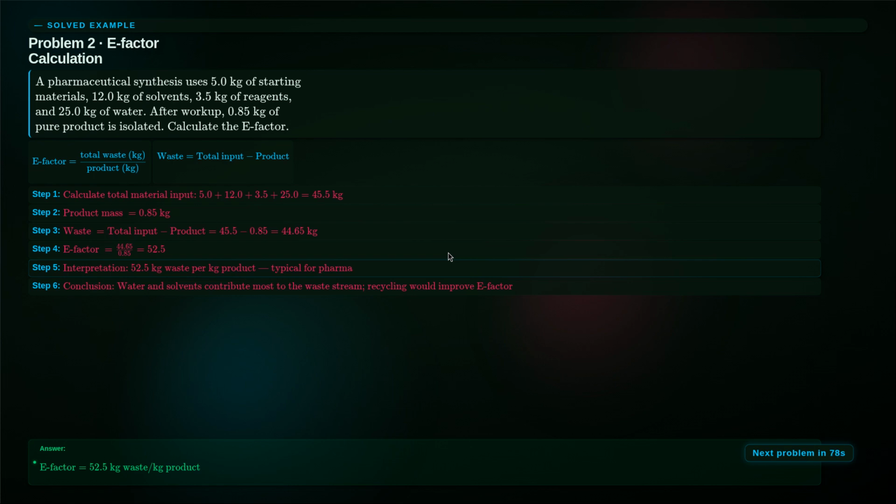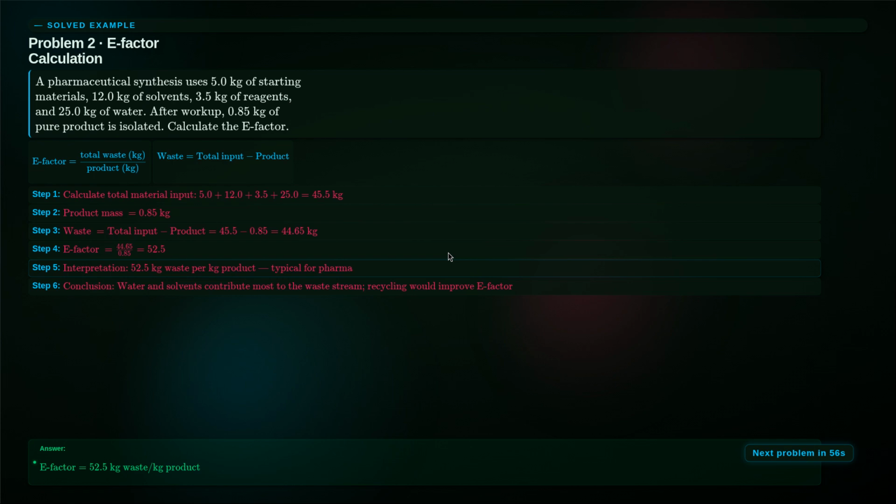Step 2. Product mass is 0.85 kilograms. Step 3. Waste equals total input minus product. 45.5 minus 0.85 equals 44.65 kilograms. Step 4.